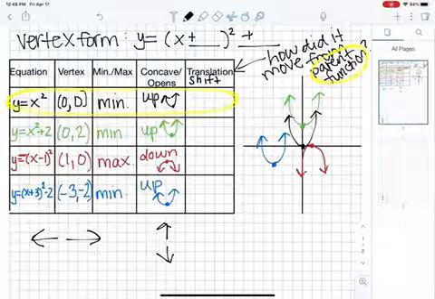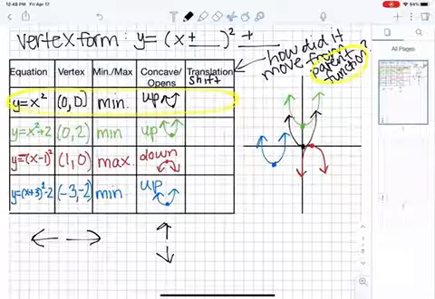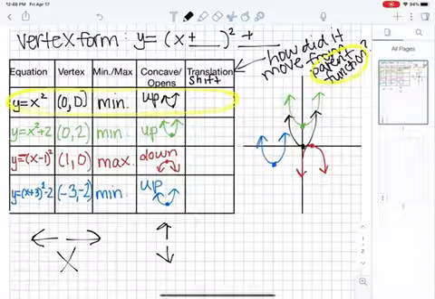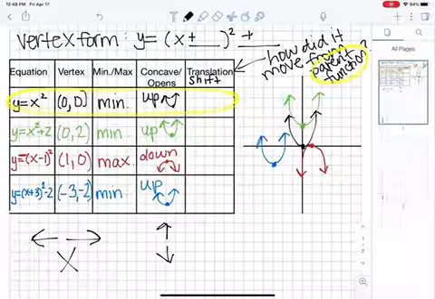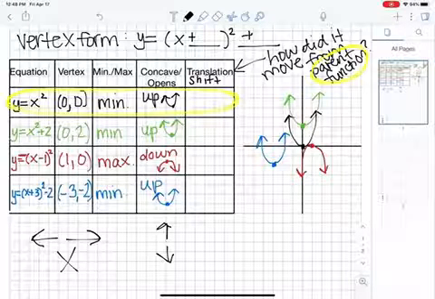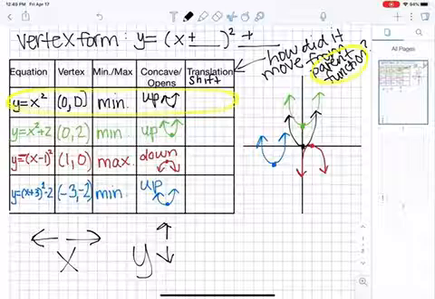Now let's connect this to a graph. So you have the x-axis and you have the y-axis. Which axis usually goes with moving right and left? Hopefully you're thinking about the x-axis. Which axis deals with moving up and down? Hopefully you're thinking, oh, the y-axis.